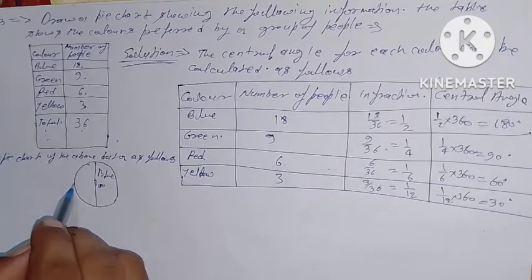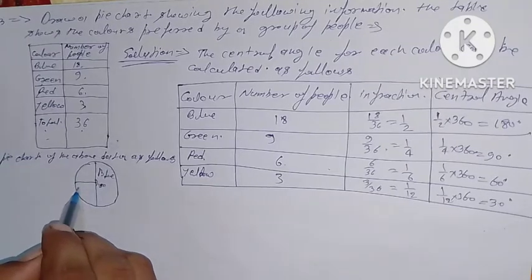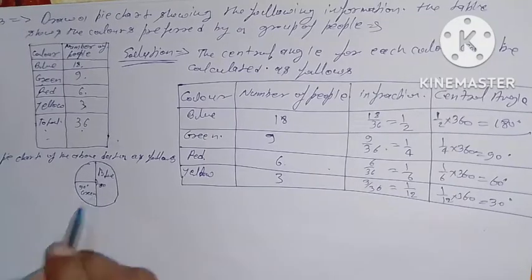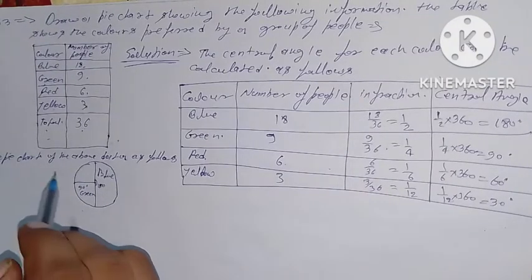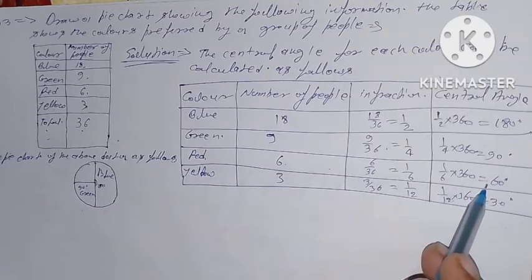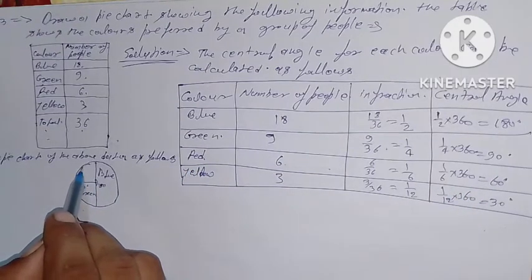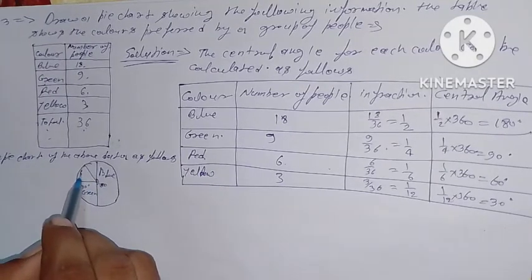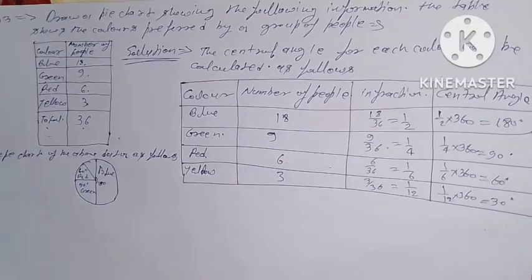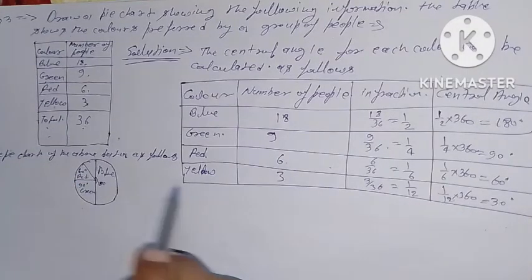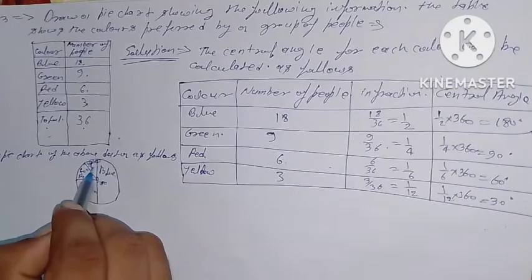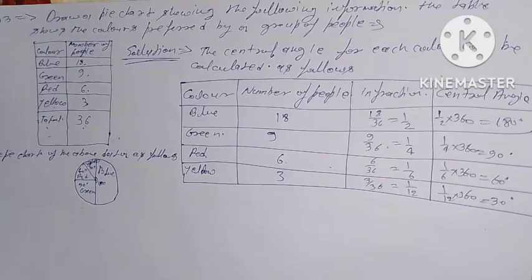Green is 90 degree. And what is left: red is 60 degree, and yellow is 30 degree. Okay, thank you. Next question.